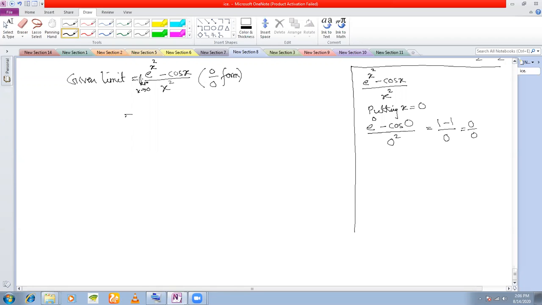So you apply L'Hospital's rule, limit x tends to 0, ddx of e to the power of x square minus cos x divided by ddx of x square.